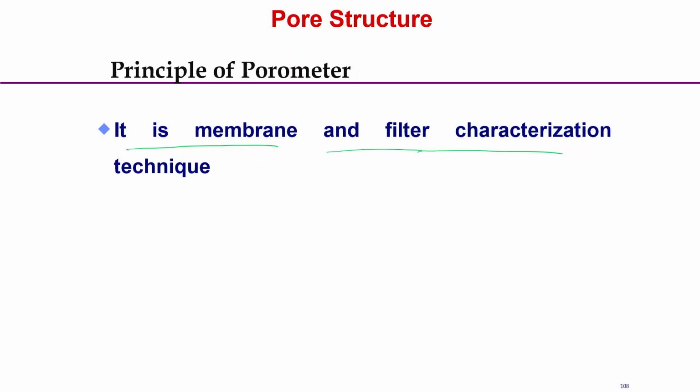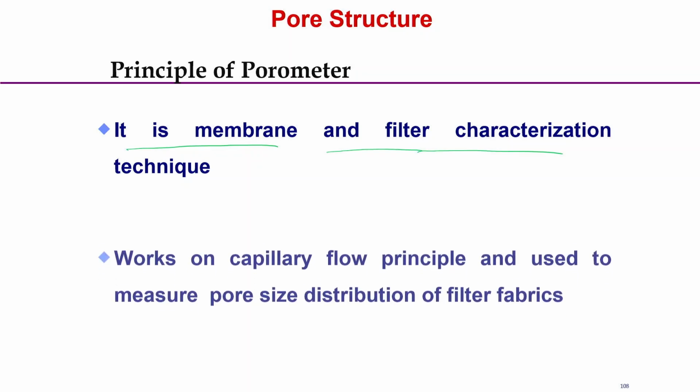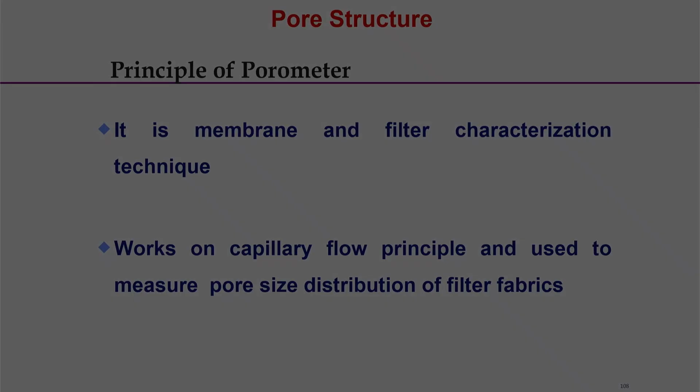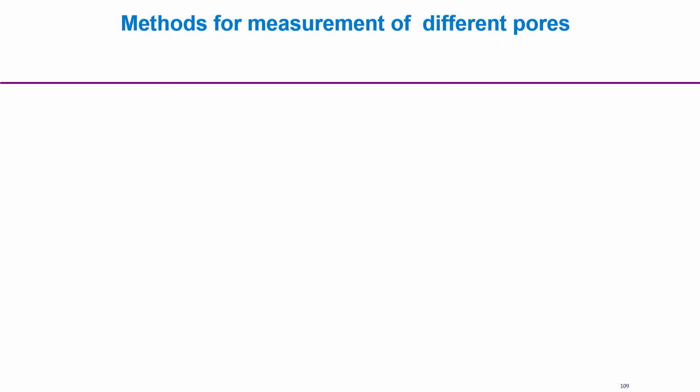So, membrane pore size or filter pore size we can measure here, and it works on the capillary flow principle and is used to measure the pore size or its distribution in a filter medium. There are different methods.